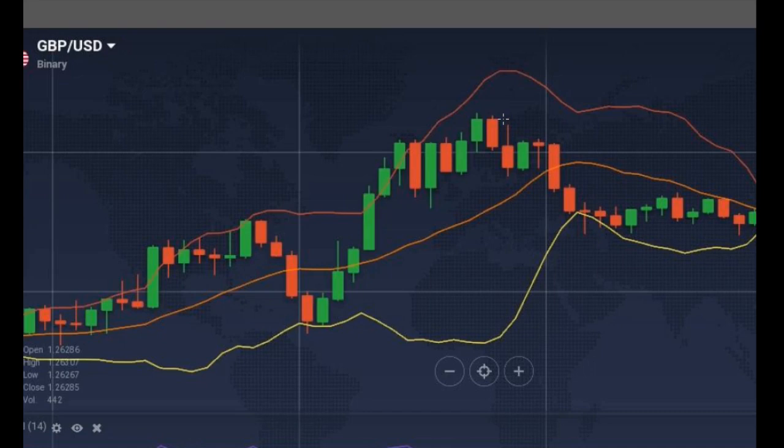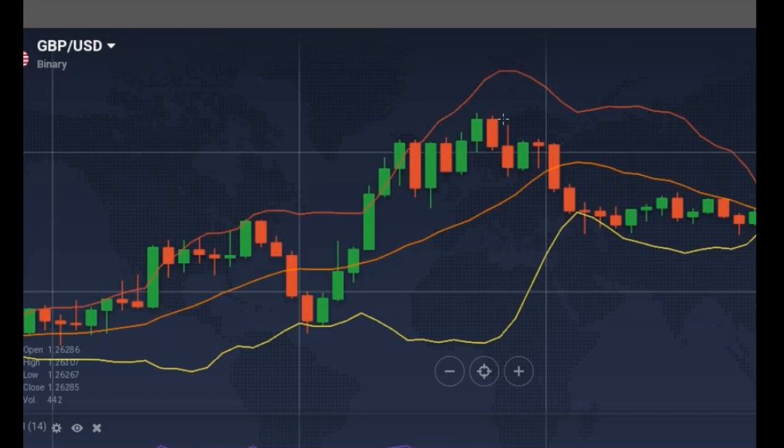That is the confirmation signal. As soon as you see a retracement back to the upper body of the confirmation candle, that is the confirmation signal. Okay, so you place the next 15-minute trade.